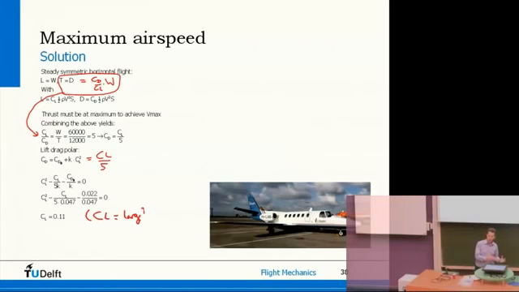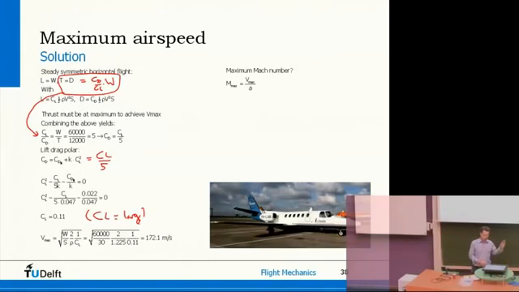Now this is just a lift coefficient. So airspeed follows from the airspeed equation, and that's about 170 meters per second. So that's pretty fast at sea level. Now, just for your information, what is then the Mach number? Perhaps interesting to see. At sea level, the speed of sound is 340 meters per second.